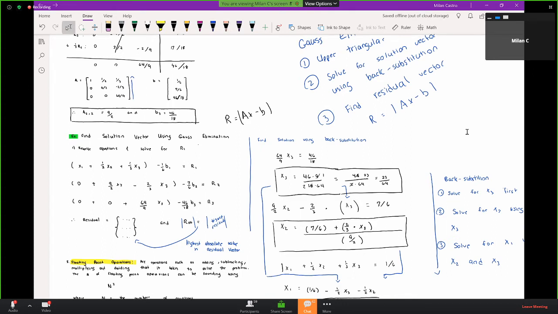Let me read what someone else said. Can you show the work to get the final residual? I can if you want to do the math with me quicker.